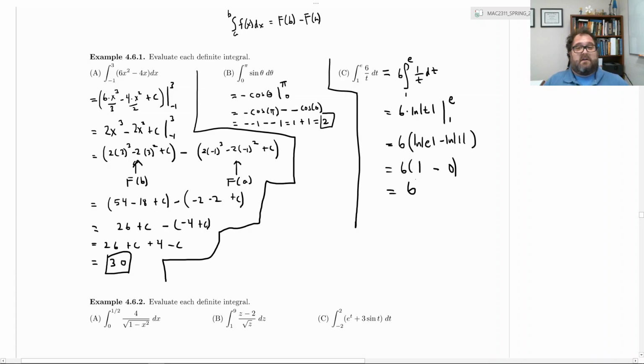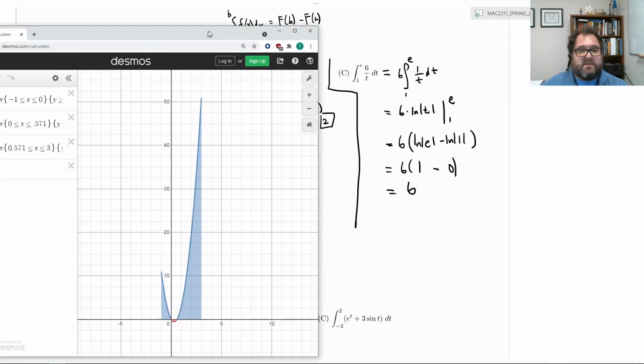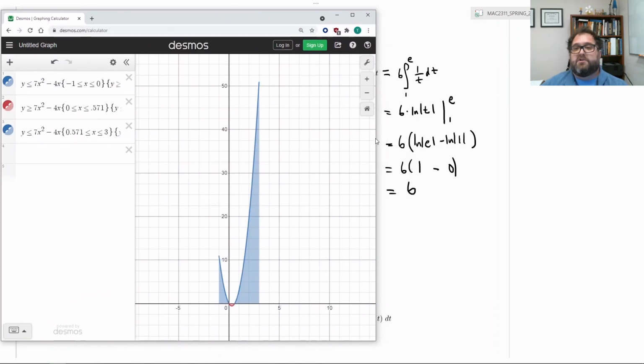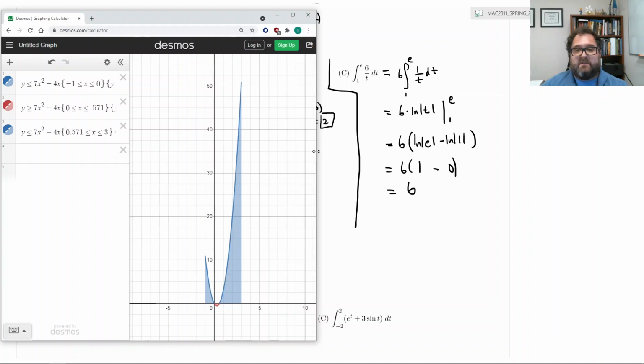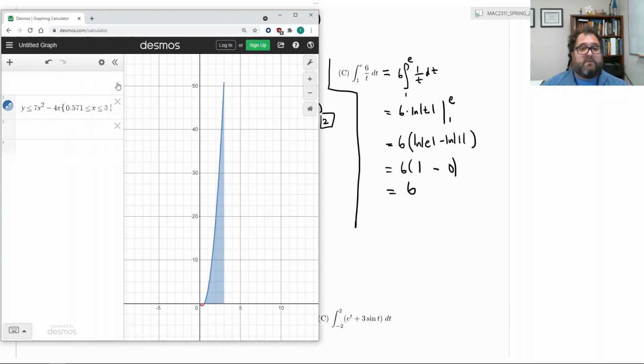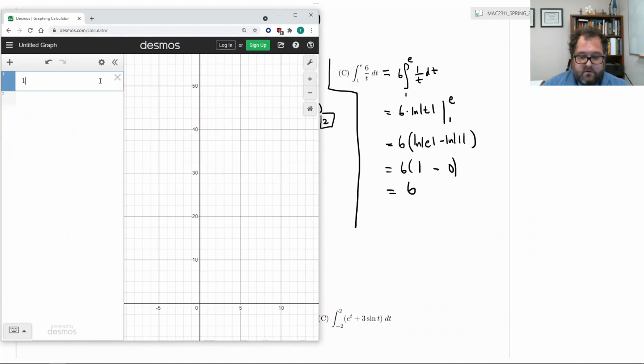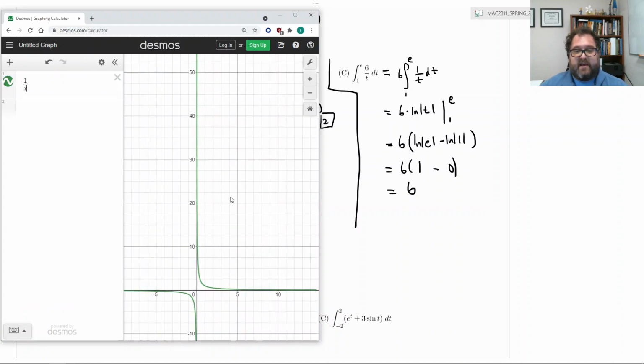So again, I hope you appreciate the fact that this is a function, 6/t. Here, I'll just bring it up. 6/t is the reciprocal function scaled by a factor of 6. The reciprocal function is 1/x, and it looks like that.